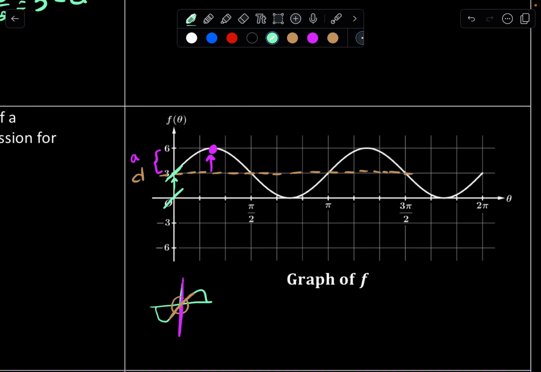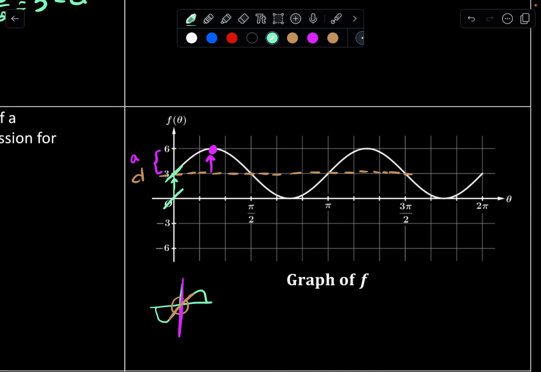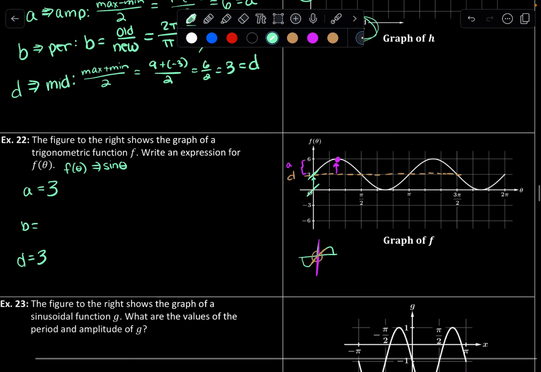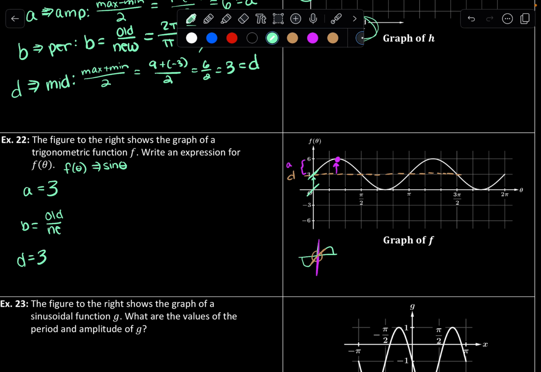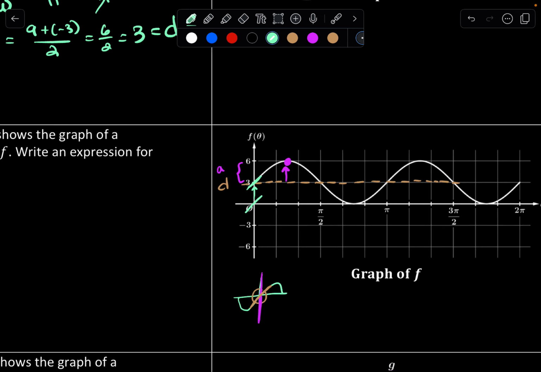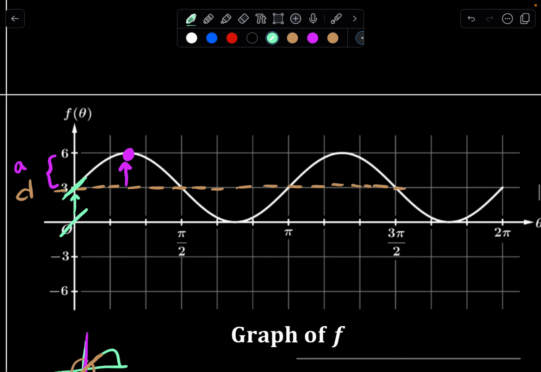And then the B value, that's going to tell us about the period for this function. So again, we're going to use old over new. The old period for any sinusoidal curve, whether it's sine or cosine, think of the unit circle, will be 2 pi. So now we just need the new period. So you can use any part of a sinusoidal curve.